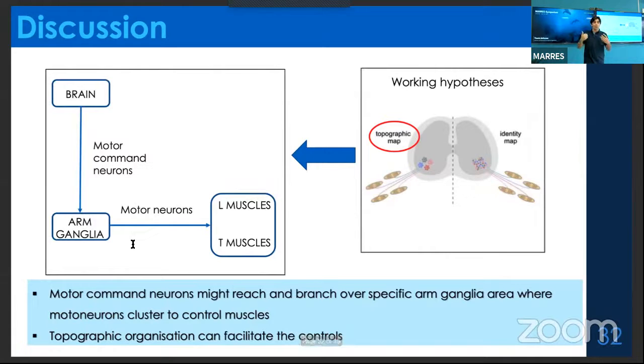That led to another hypothesis, which is that the motor command neurons coming from the higher centers, such as the brain, might reach and branch over a specific ganglia area where the motor neurons cluster in order to control the muscles.